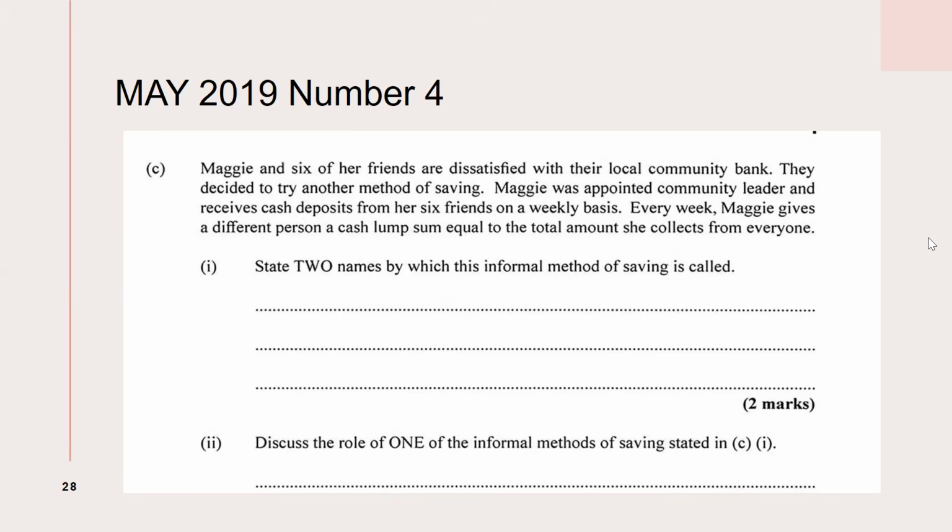Maggie was appointed community leader and received cash deposits from her six friends on a weekly basis. Every week, Maggie gives a different person a cash lump sum equal to the total amount she collected from everyone. Then it asks: state two names by which this informal method of savings is called.